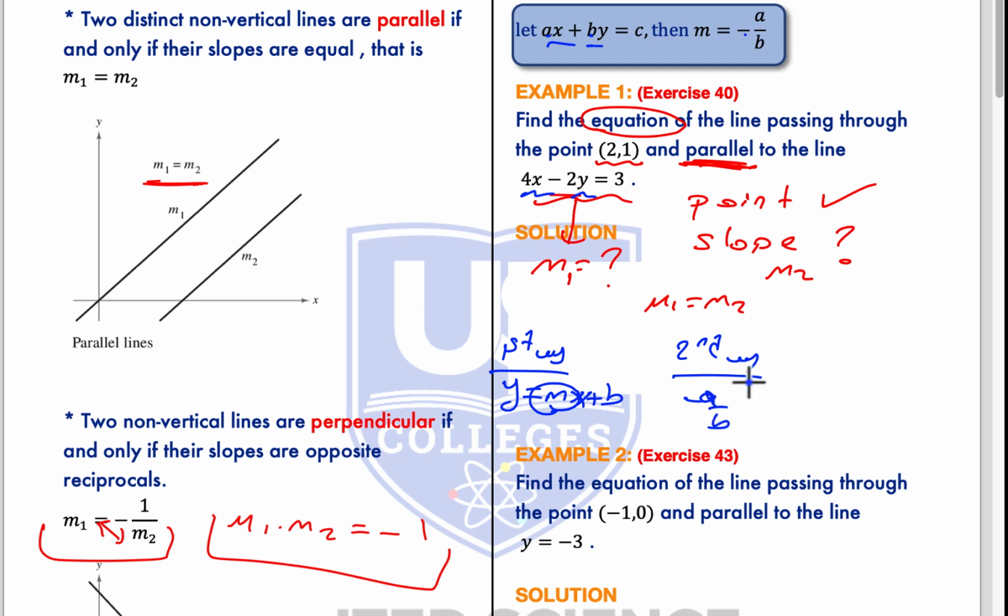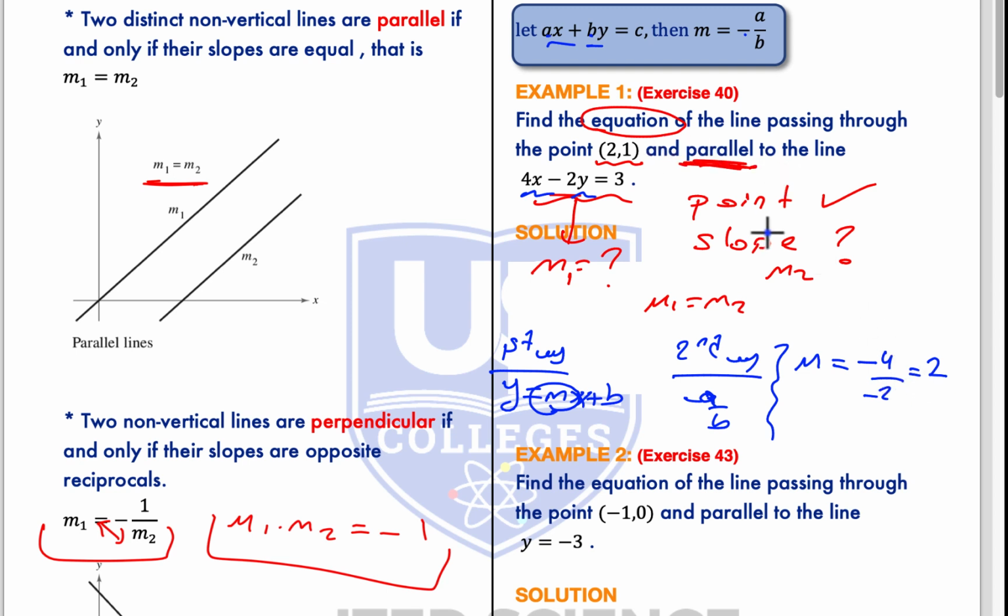I find the second one easier, so I will use this. So the slope according to the second rule is negative a, which is the coefficient of x, 4, divided by b, the coefficient of y, negative 2. -4 divided by -2 is 2. So I got the slope. Slopes are same, m1 is equal to m2, so my slope for the new line is also 2.